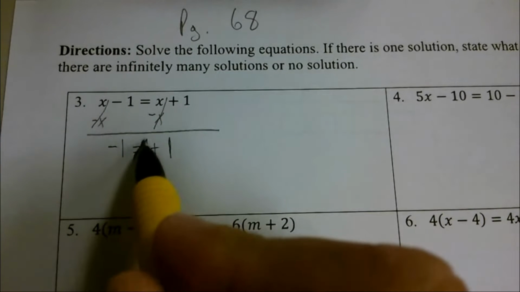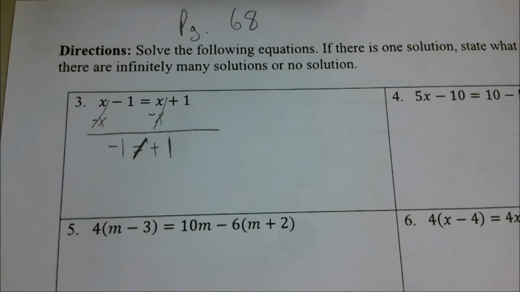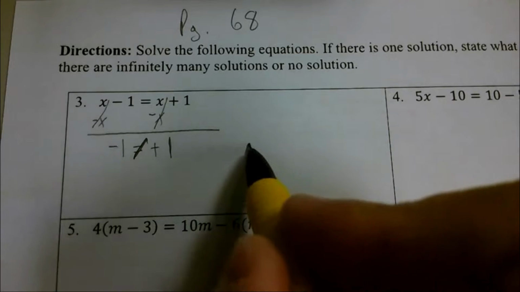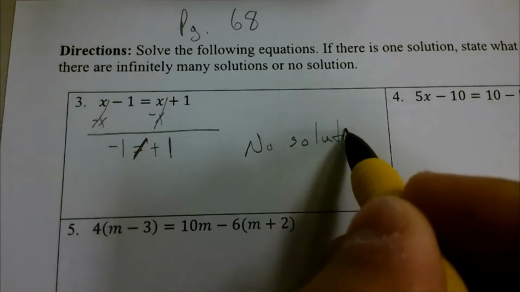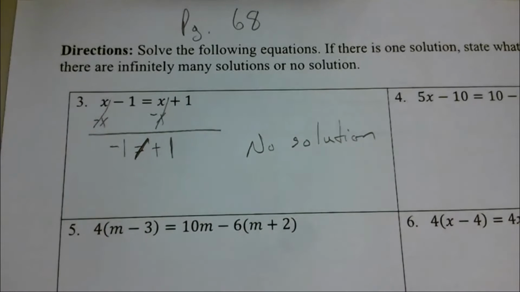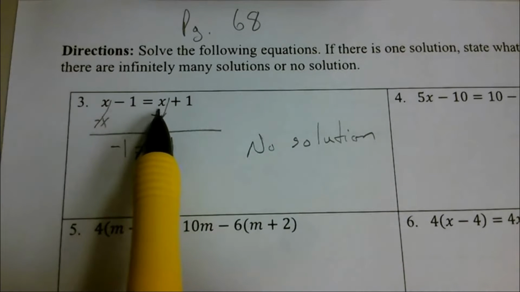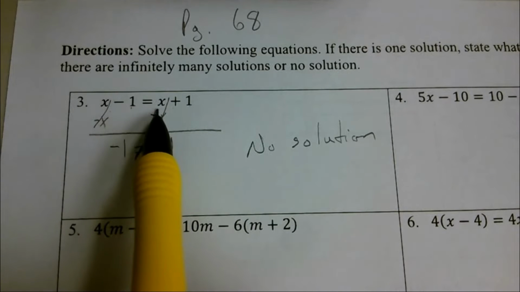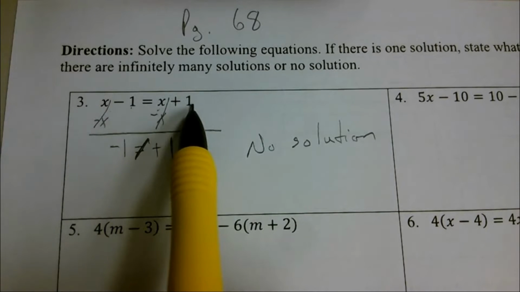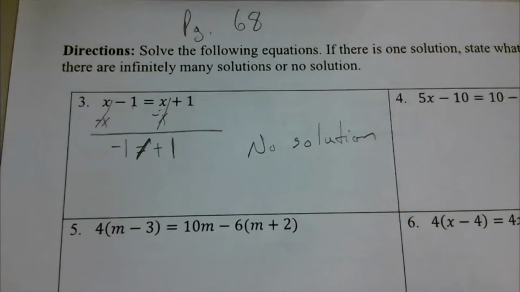So if you get a number equals some other number and it doesn't make a true statement, there is no solution to this problem. And if you think about it, if you take a number and you subtract one from it, you can't take that same number and add 1 to it and get the same answer. So that makes sense that there's no solution to this one.